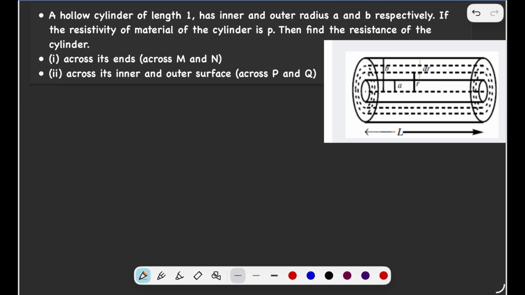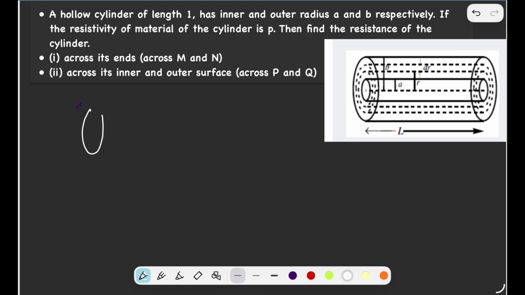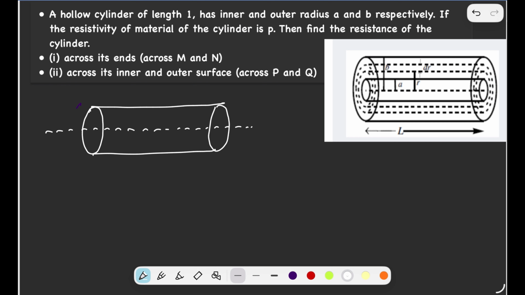First, let us observe the diagram. So this is the cylinder, and this is the axis of the cylinder.